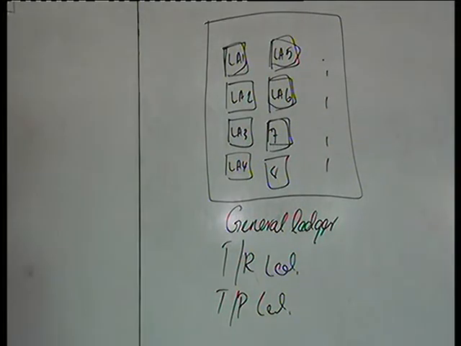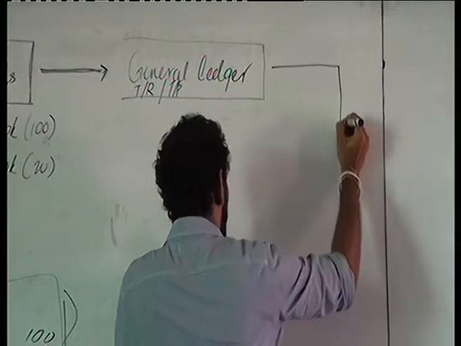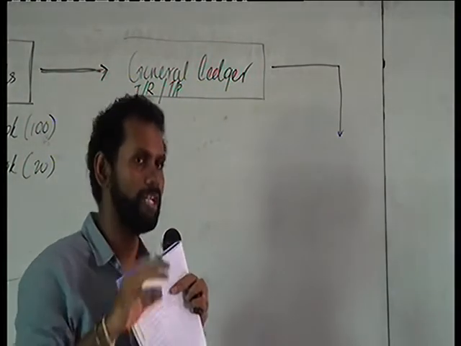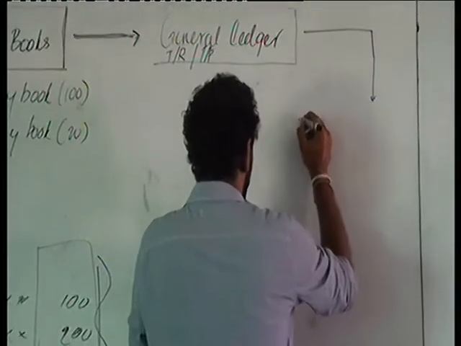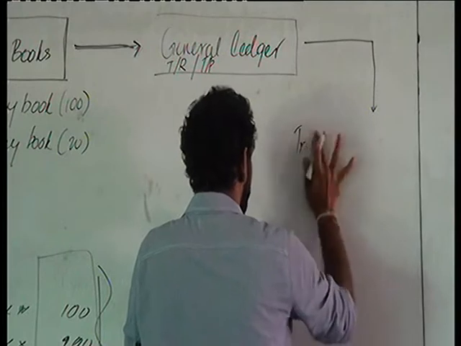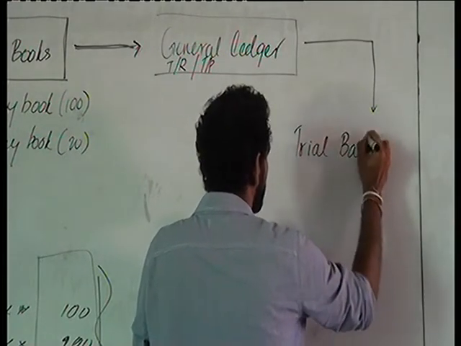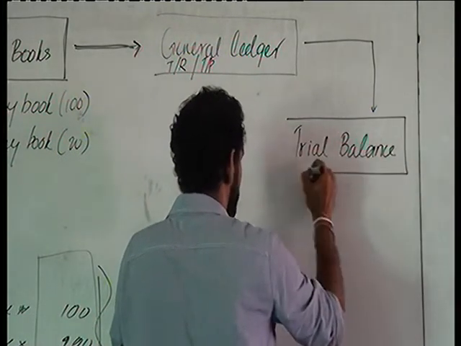Then, from the general ledger, at the end of the reporting period, again the frequency depends on the company, the company will generate what we call the trial balance.